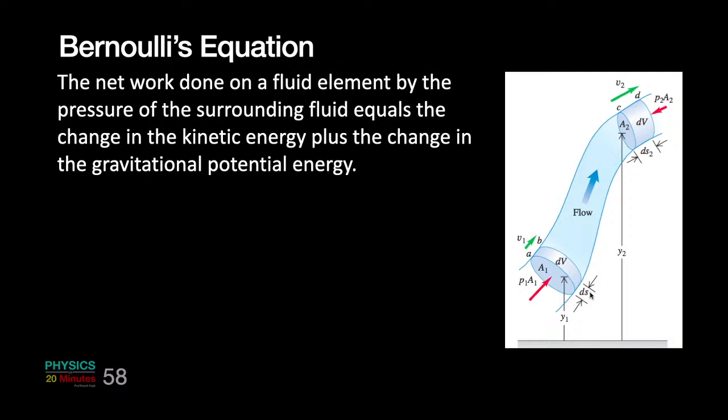This displacement in time dt is ds1. The volume of this element is dv. This displacement is ds2. The volume of this element is dv. Remember, everything has 1 and 2 labels, but dv does not have 1 and 2 labels. Why?